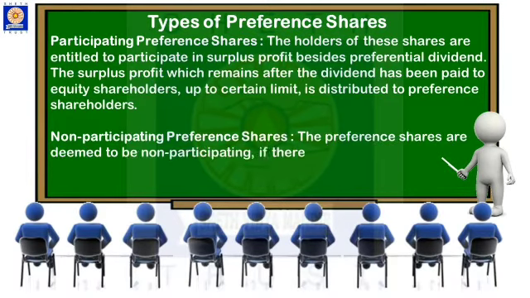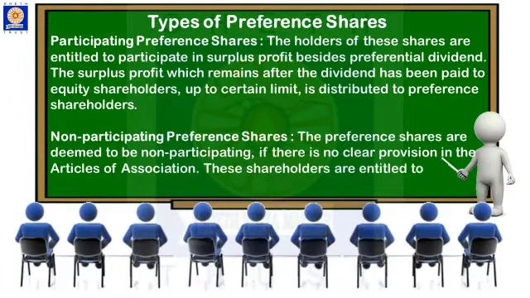Now, non-participating preference shares are totally opposite of participating preference shares. Preference shares are deemed to be non-participating. That means every preference share is by default considered non-participating until and unless there is a clear provision in the Articles of Association.